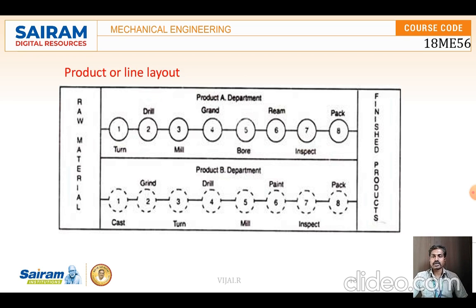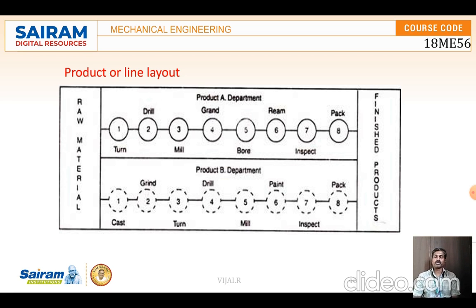In this product or line layout, first of all we have to make a list of the processes we have to do, and arrange them in sequence. In this diagram you can see there is a product A and a product B. These are two different products we are producing. Raw material is at the left side. For product A there is a sequence.